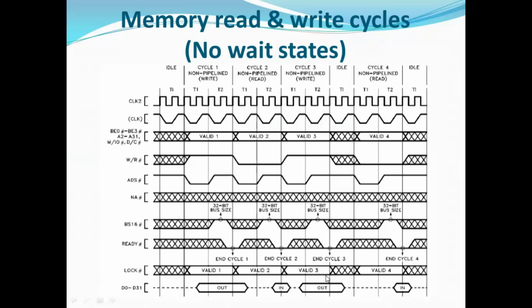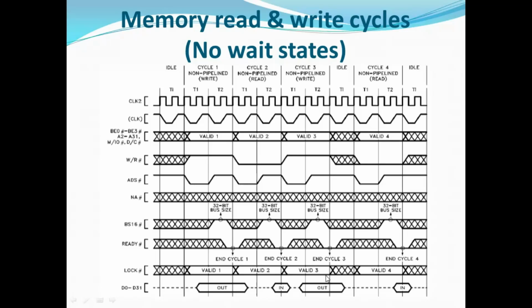This is a memory read and write cycle with no wait state, in which cycle 1 is for a non-pipeline read, cycle 2 for the non-pipeline write, cycle 3 for the non-pipeline read, and then the idle state, cycle 4 is for non-pipeline read. So in this way, the process goes on.